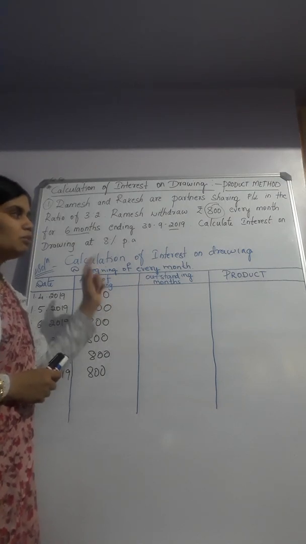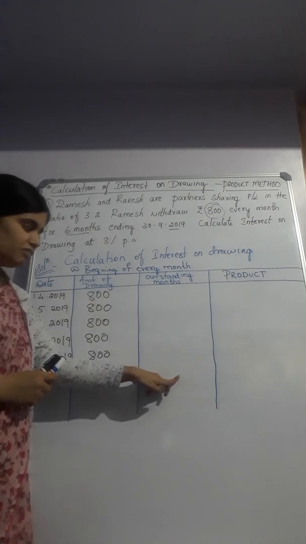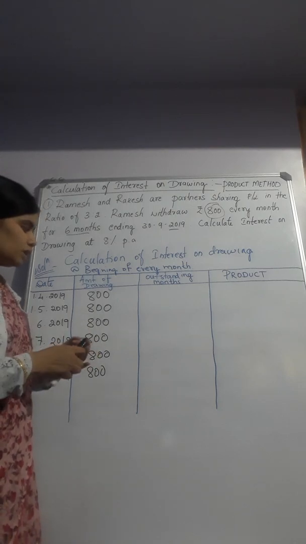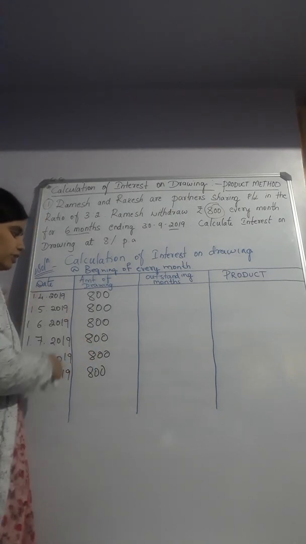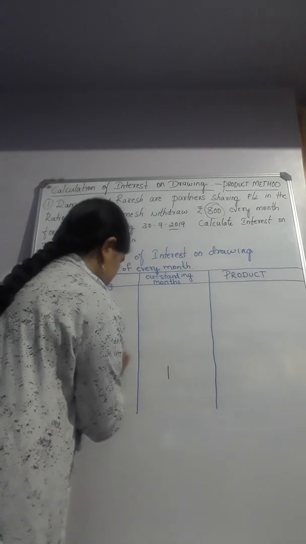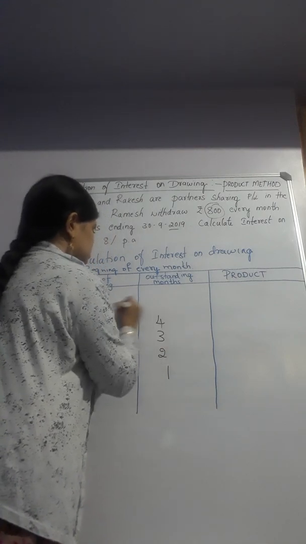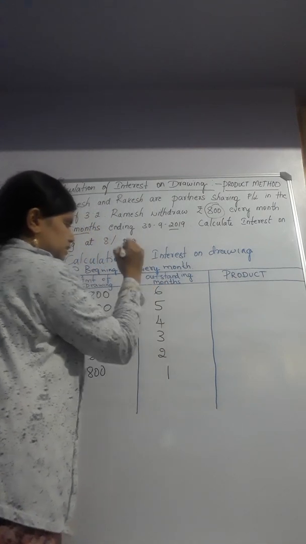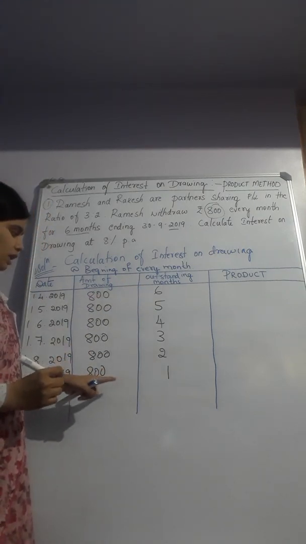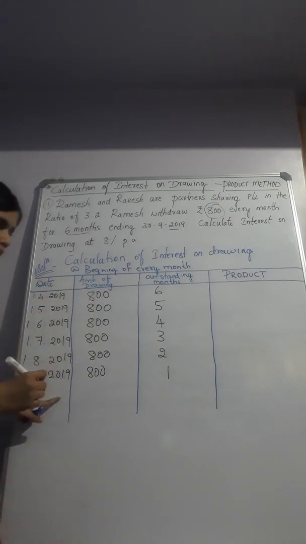If it is the middle of every month, the 15th of every month, you will consider 0.5, 1.5, 2.5, like that. Now it is the beginning of every month, right? So consider here 1, 2, 3, 4, 5, 6. For how many months is he withdrawing? 6 months, that is a uniform amount from April to September.